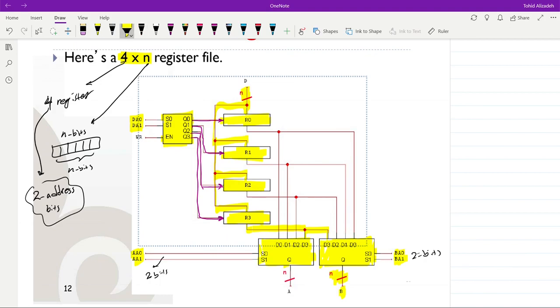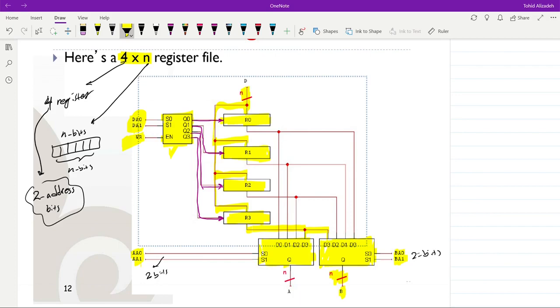With the write signal, this is the control input. If it's equal to 1, then the decoder here will be enabled. Once it is enabled, depending on what we have on the D address, one of the registers will receive new data and it will be loaded with new data.